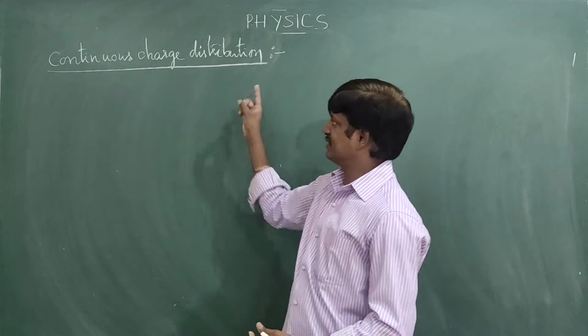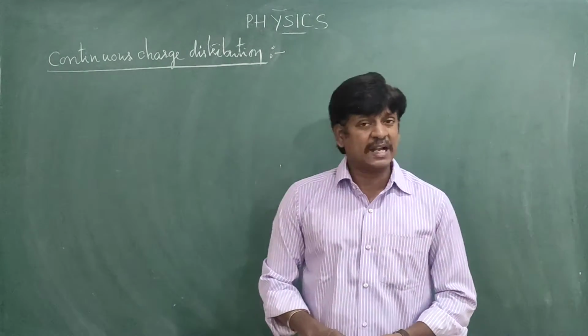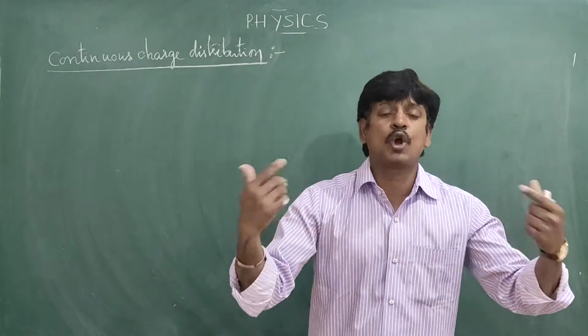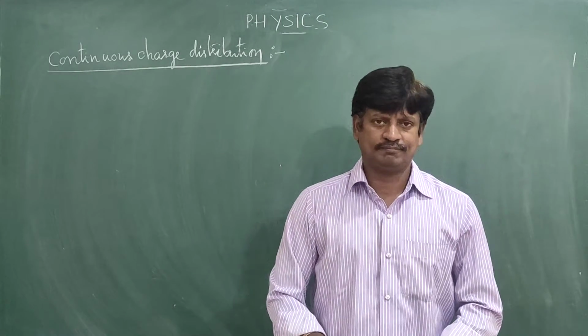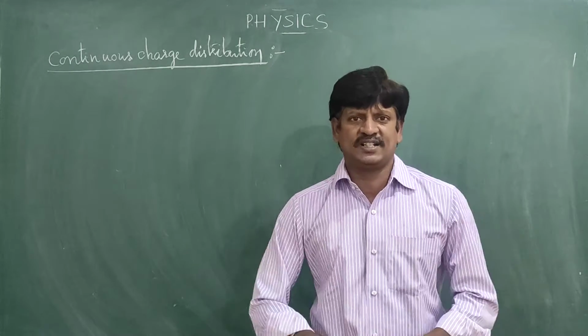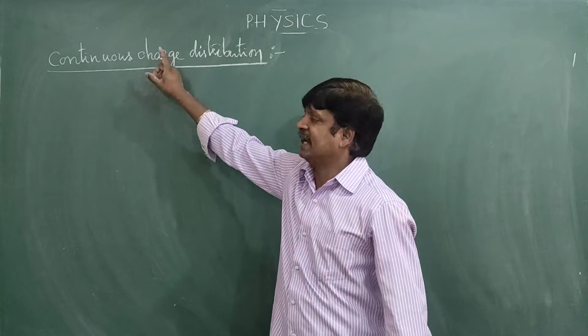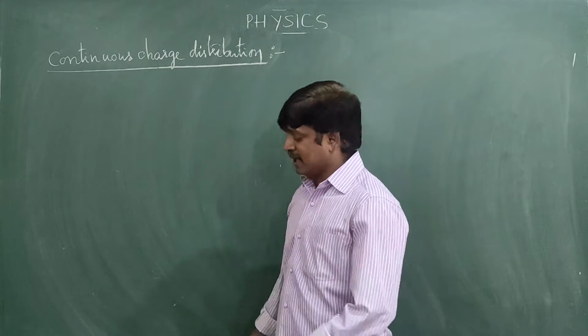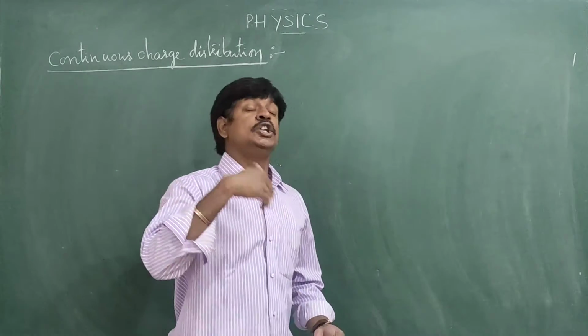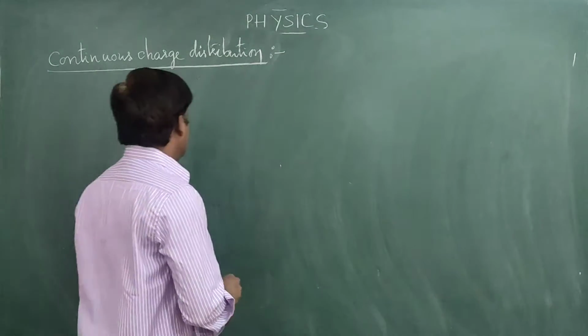All these are called continuous charge distribution. That means you cannot count the number of charges or find individual charges, and that type of charge is called continuous charge distribution.